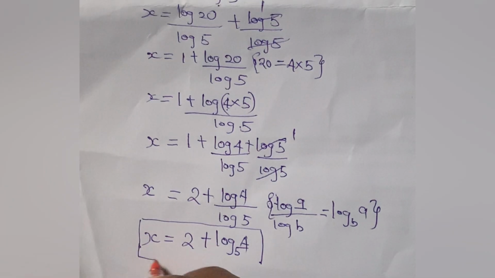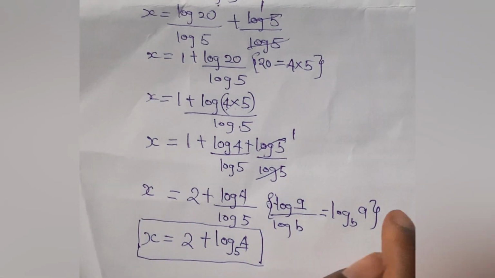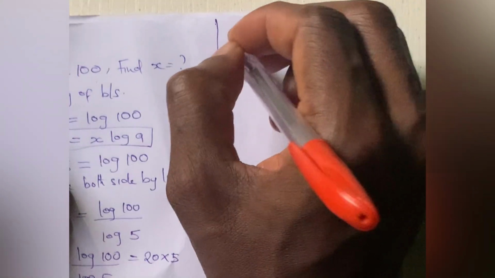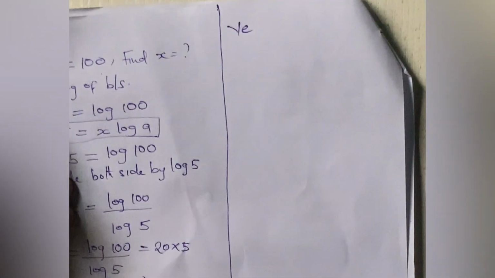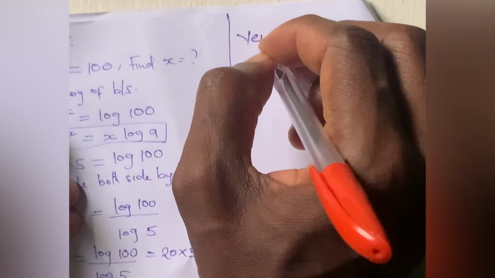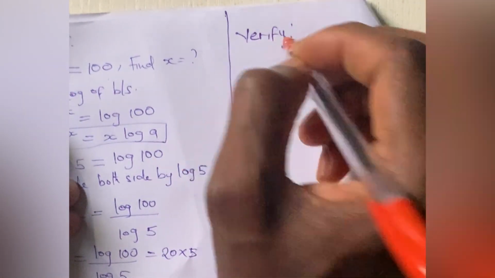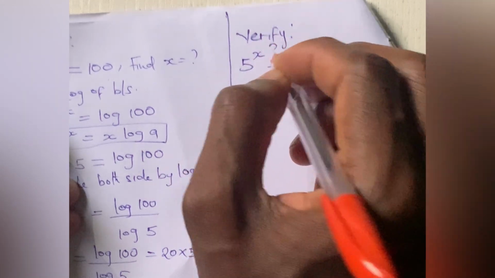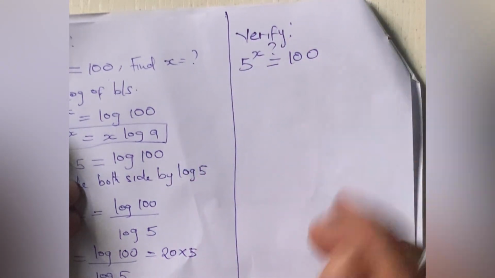Now let's verify and see if this answer is correct. Verify: 5 to the power of x, is it equal to 100? We are verifying.